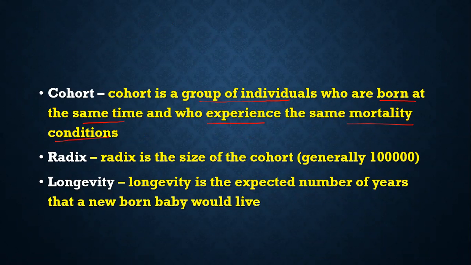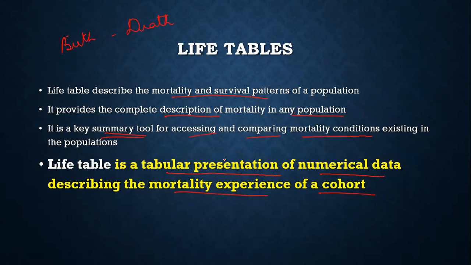All of you students can be called a cohort, because you were born in 2002 or 2003, whatever your age. Those who are born in the same year, at the same time, are considered a cohort. So hope you understood what is life table. It is nothing but where you tabulate, in table form.